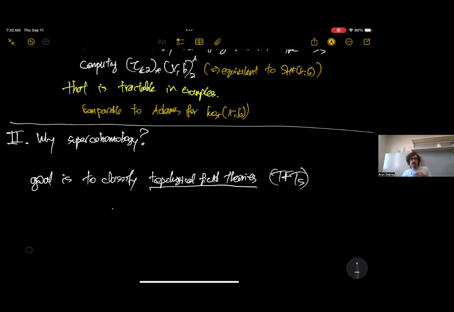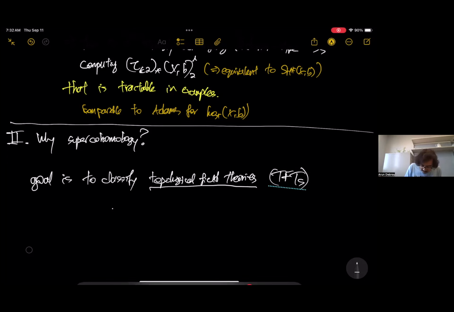So TFTs. And if you've heard someone say topological quantum field theory, I mean exactly the same thing as they do. If you really want to be precise, being quantum is not a mathematical property of topological field theories in the sense I'm about to define. So this thing encompasses things that may be quantum, things that may not be quantum. It's sort of harder to make precise than the definition that we have.